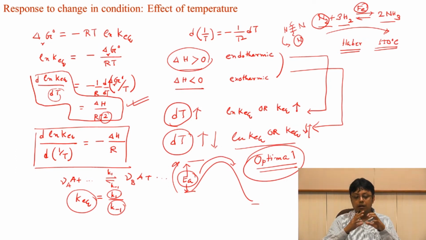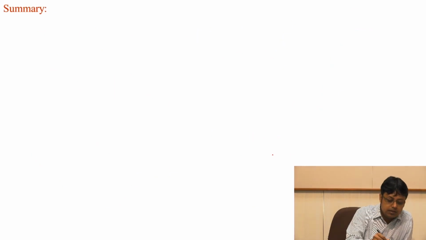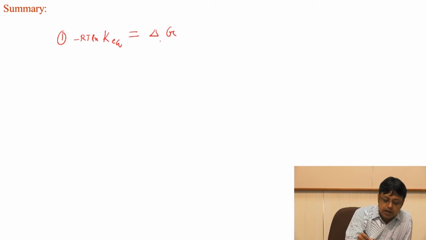So now we'll conclude our part on chemical equilibrium. To summarize, we first discussed how to write the equilibrium constant. We showed that minus RT ln K equilibrium can be connected to the reaction Gibbs free energy at standard state.